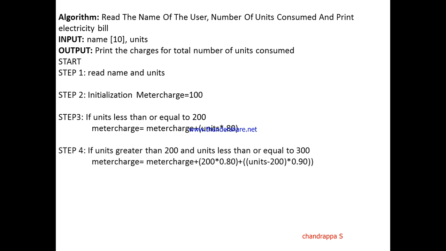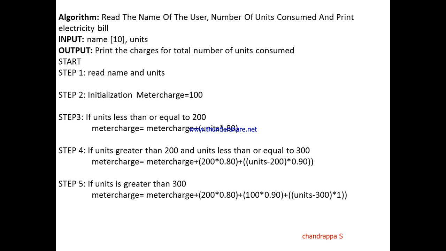Step 4. If units consumed is greater than 200 and less than or equal to 300, meter charge equal to compulsory charge plus 200 into 0.80 plus units minus 200 into 0.90.